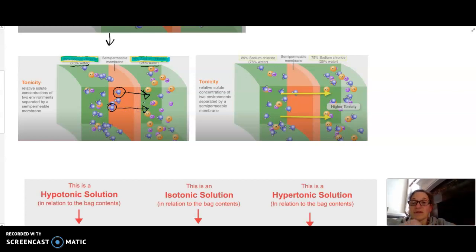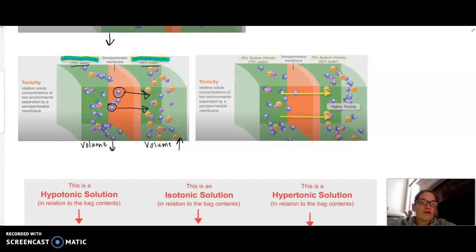And so the volume is going to decrease because water molecules are going to be moving to the other side. And in the 75% sodium chloride, the volume is going to increase because water is going to be moving in there.